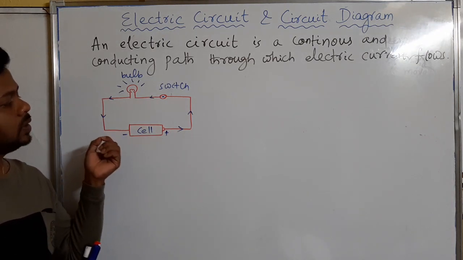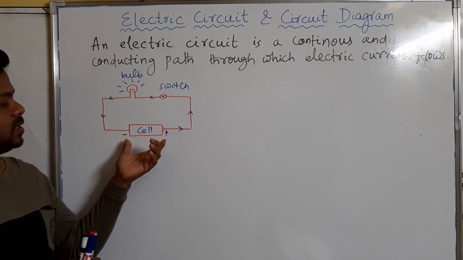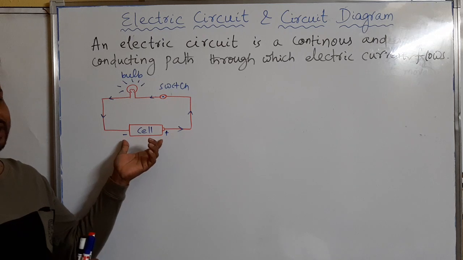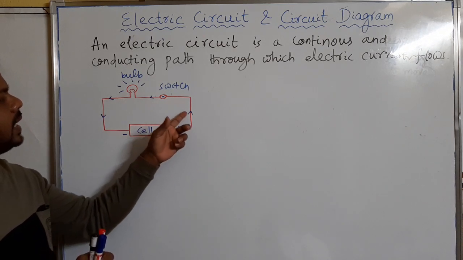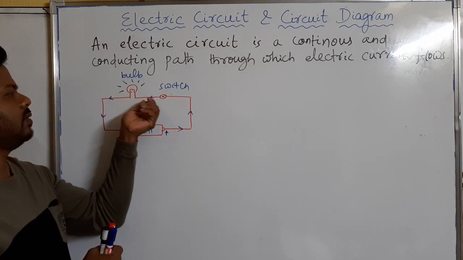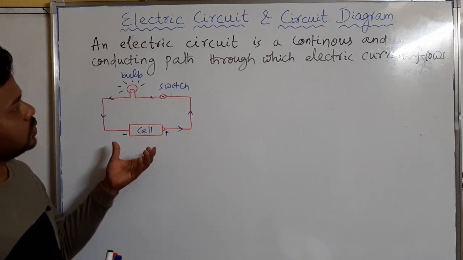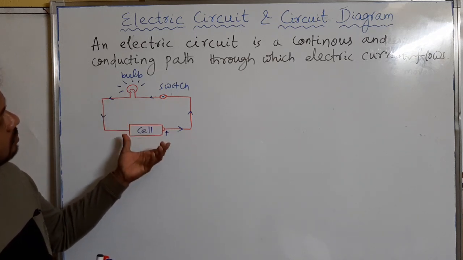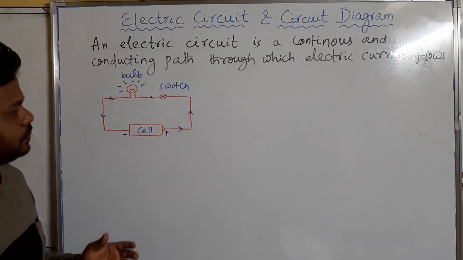To make the electron move, there must be a source of energy, and that cell or battery is providing that energy. And the other equipments here are one bulb and switch, and these are the connecting wires. So this can be called a simplified or simple electric circuit.